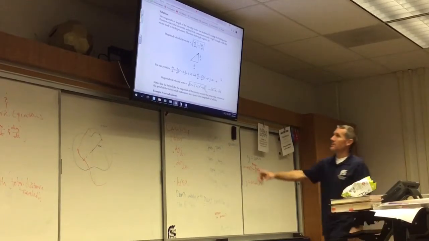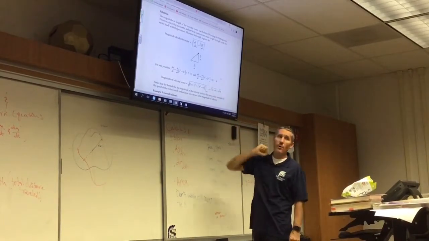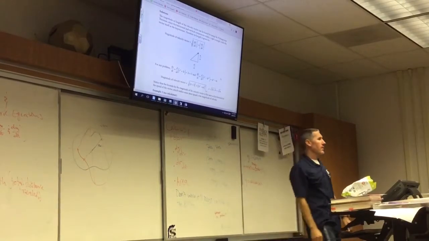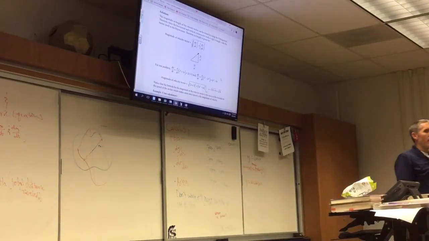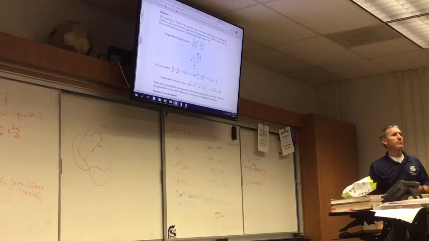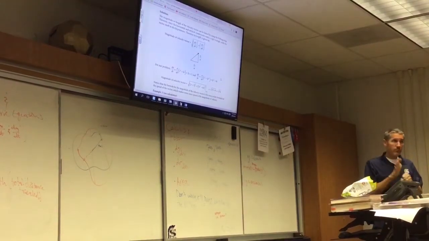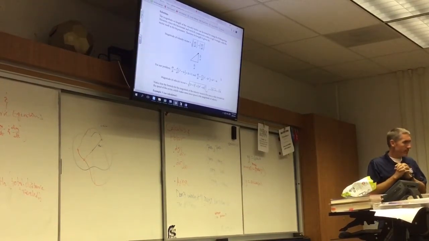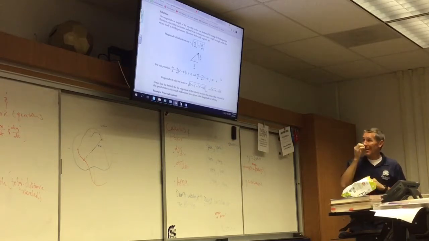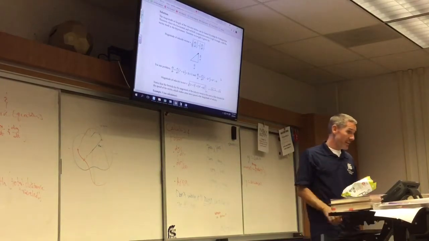And so they say when t is equal to 1, so that's just going to be the square root of 34. So that's the speed of the particle. Okay? That's really kind of it.